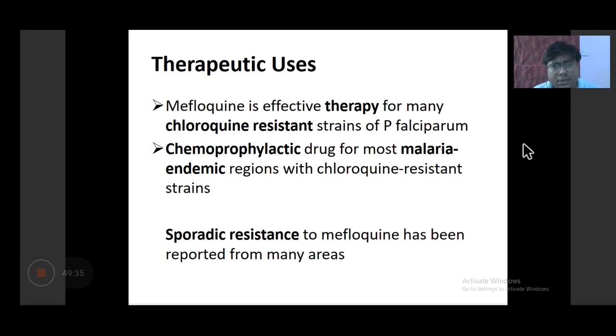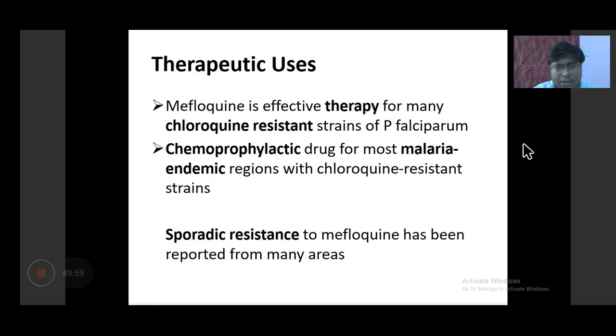Therapeutic use of mefloquine: it can be given for chloroquine resistant strains of falciparum and vivax. Otherwise, as I told you, for long-term chemoprophylaxis, 250 mg per week, starting 2 weeks prior to travel, during the stay, and till 4 weeks after returning from the endemic zone. Mefloquine is the drug of choice for long-term prophylaxis.